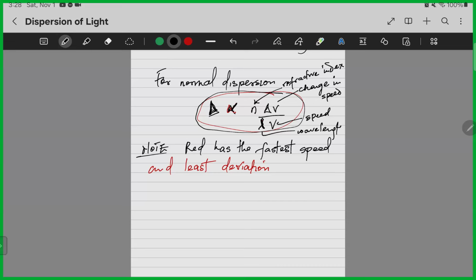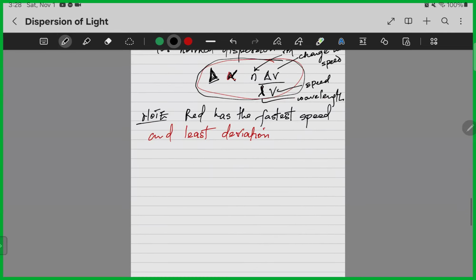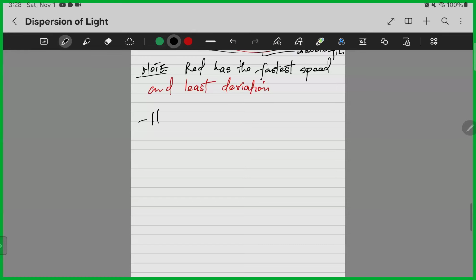So now let's keep making notes. With hydrogen light, lines of all colors are produced.